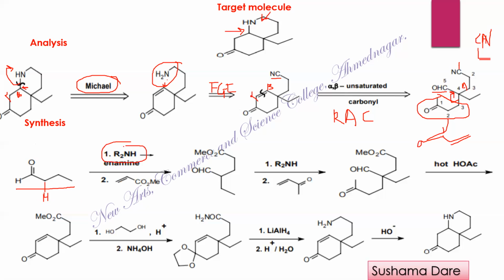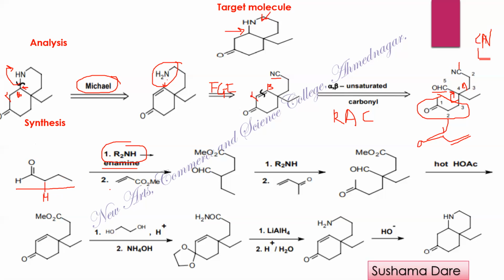Due to the enamine route, the carbonyl group undergoes a reaction with a secondary amine, and at the end it gives an alpha beta unsaturated amine, that is an enamine. Once you get the enamine, that means it is a mild condition.